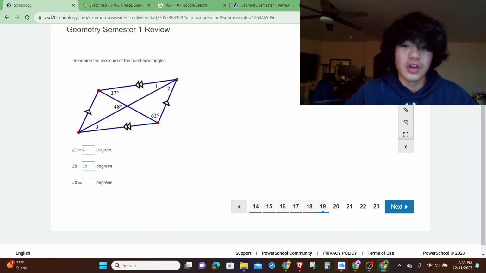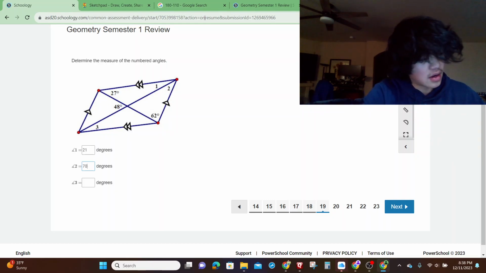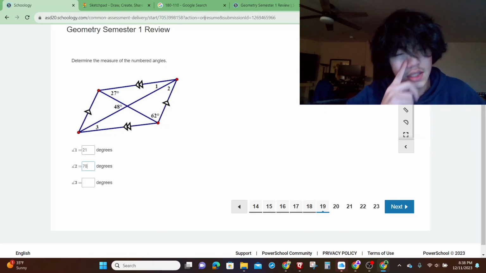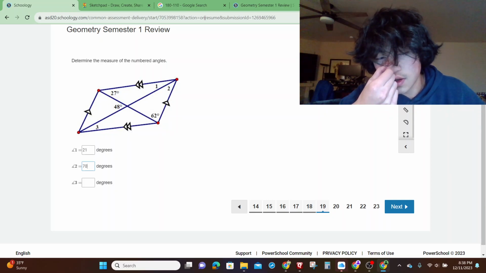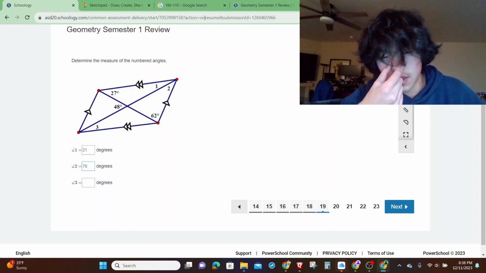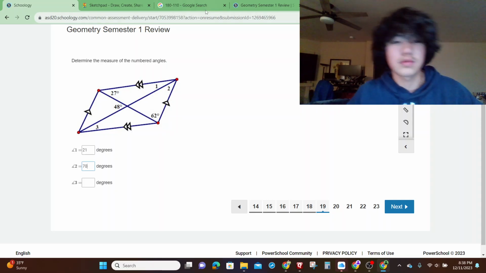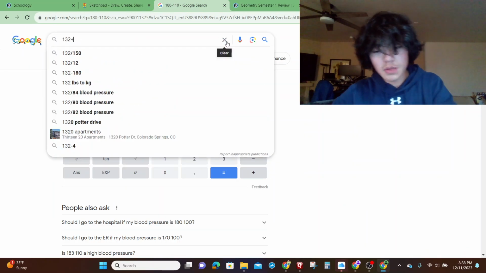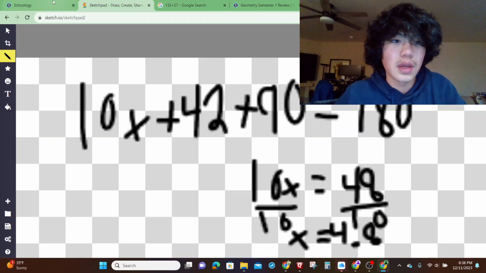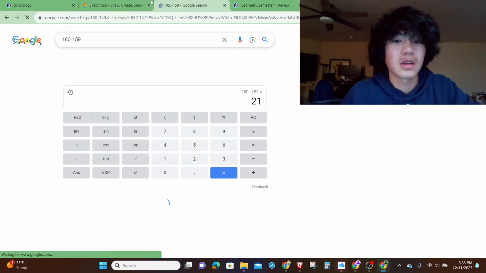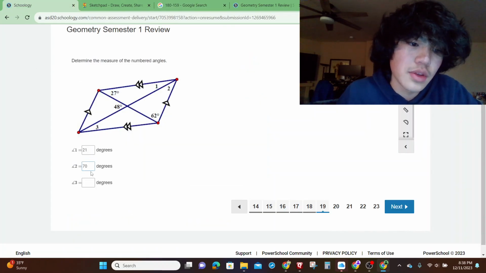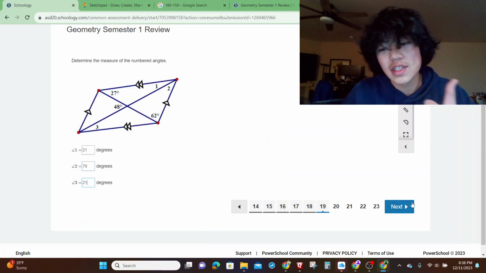I think we can put 27 right there because they're alternate interior, so they're gonna be the same length. So we could put 27 right there. So 132 plus 27, so we get 159. 180 minus 159, you get 21. So angle number 3 is also 21 degrees.